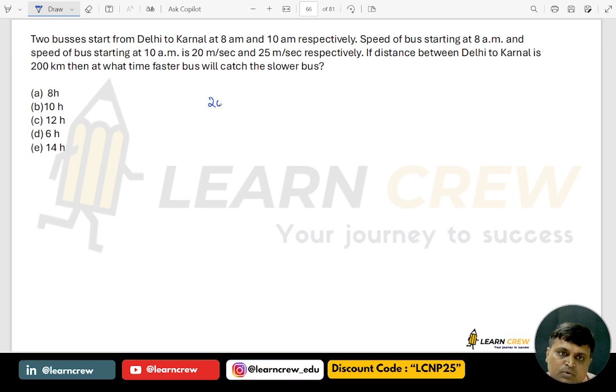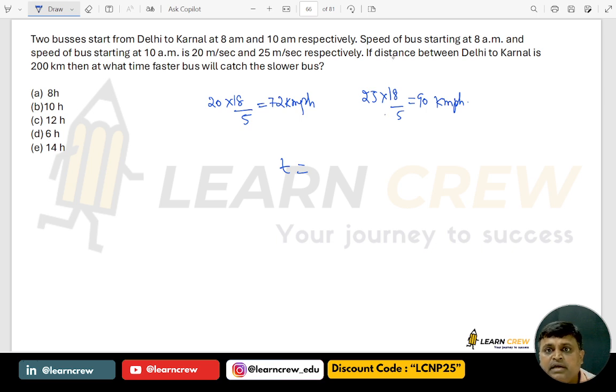So 20 into 18 by 5, how much? It is 72 kilometer per hour is one speed, and the other speed is 25 into 18 by 5, which is 90 kilometer per hour. So how much time is it going to take? By the time the second bus started at 10 a.m., the first bus had already covered 2 hours with a speed of 72 kilometers.